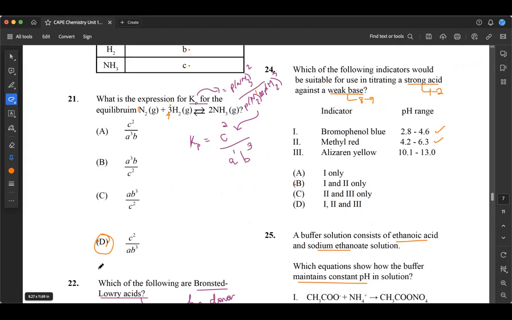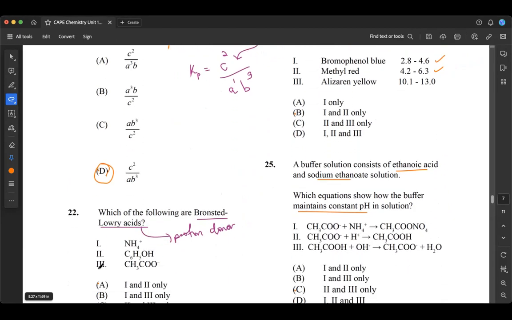All right. So moving along to 22 now. 22 says, which of the following are Bronsted-Lowry acids? So a Bronsted-Lowry acid is a proton donor, right? That's the definition. So it should be a compound that has a hydrogen or a proton that it can donate, right?